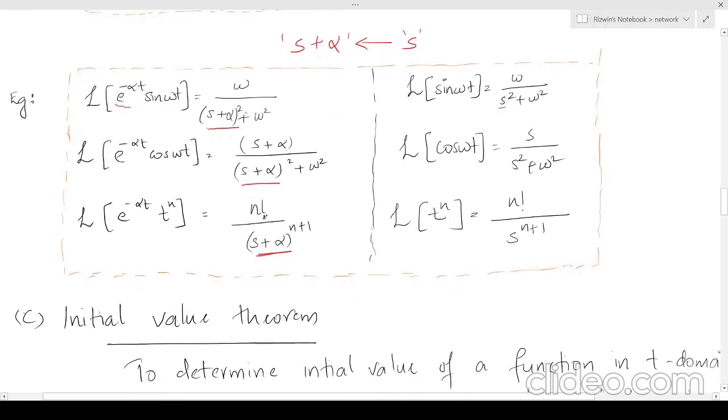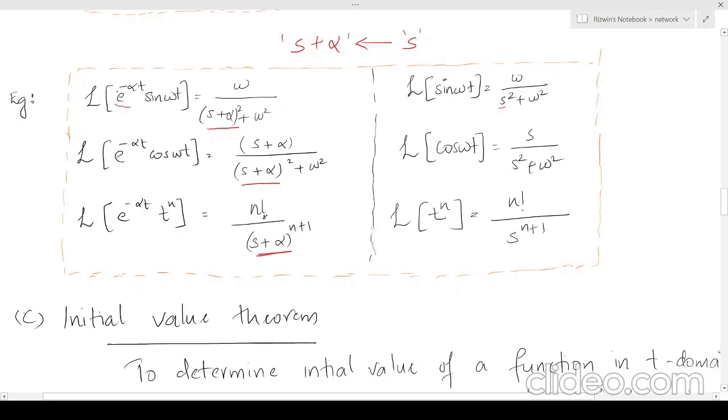useful tool. See, suppose we have an equation on the right hand side and we have to take the Laplace inverse. You know s square plus omega square gives sin omega t, but the expression we have is s plus alpha whole square plus omega square. So this s plus alpha will be converted to e raised to minus alpha t times sin omega t, and we know the Laplace inverse of the other function.